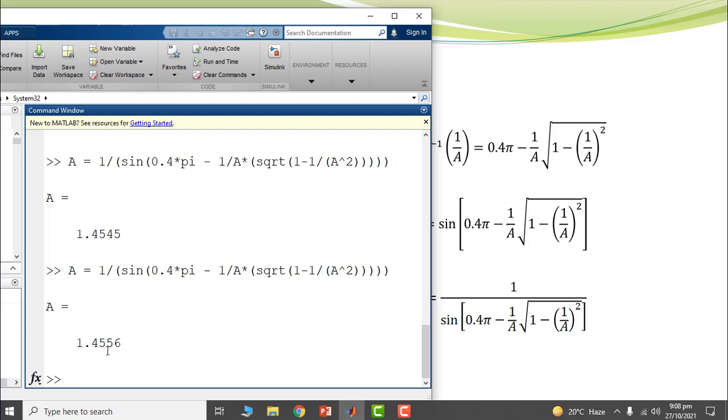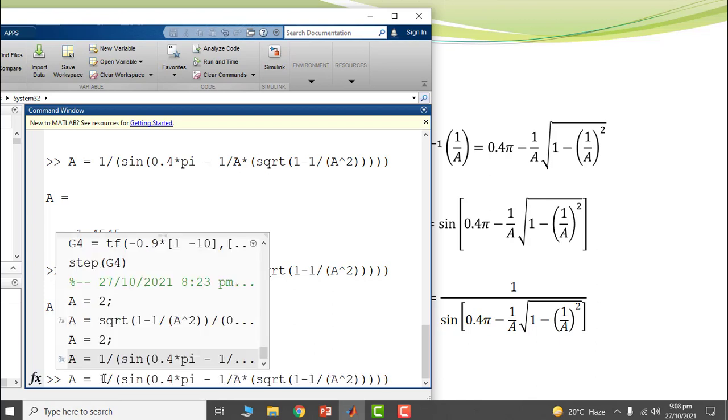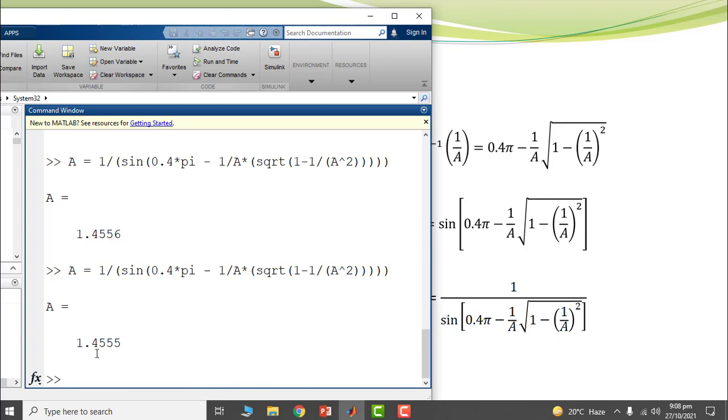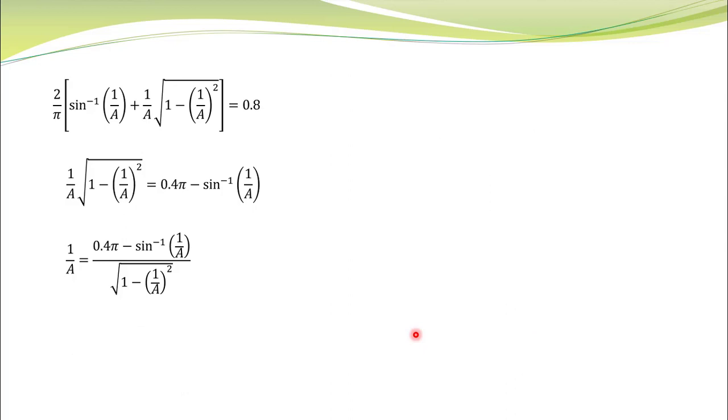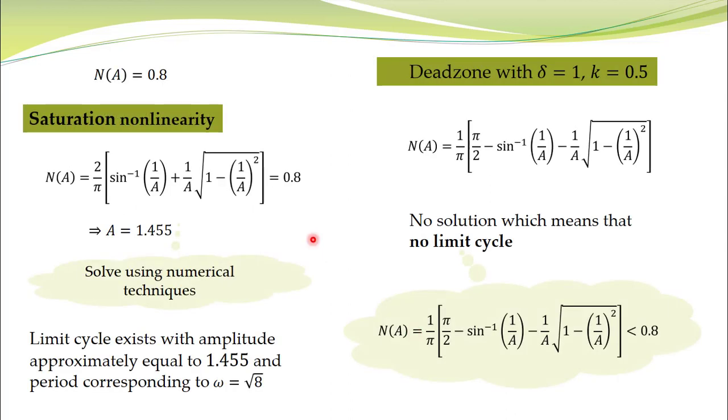So what you see is that this solution has converged, 1.455 up to 2 decimal points. It is the same, and if I want more accuracy, I can perform another iteration. So 1.4555, so it is converged up to 3 decimal places. So it means that I have found a solution to this equation. So a is equal to 1.455.